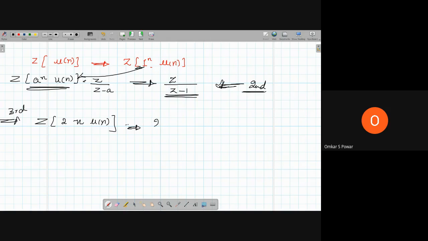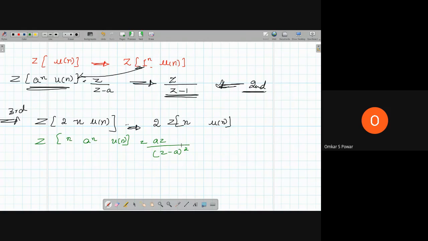So it will be 2 into z transform of n u of n. So we know one formula beforehand itself, which is z transform of n a power of n u of n is nothing but a into z divided by z minus a the whole square.